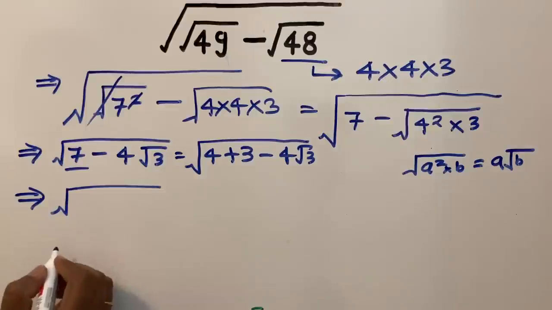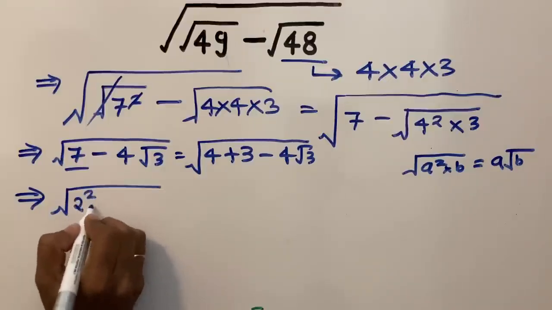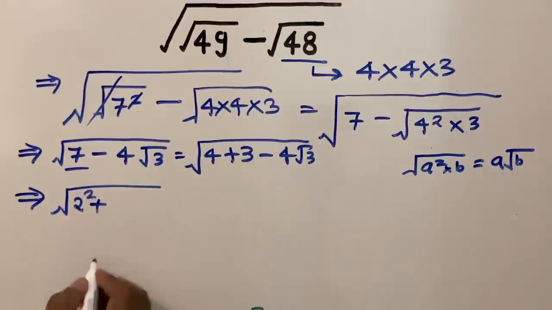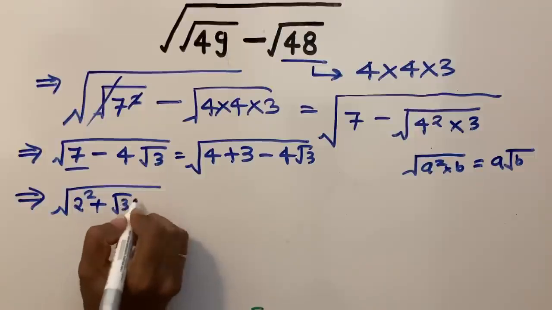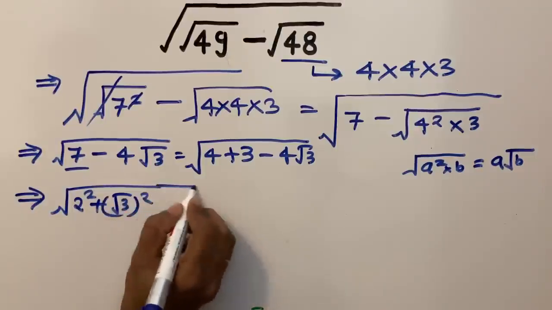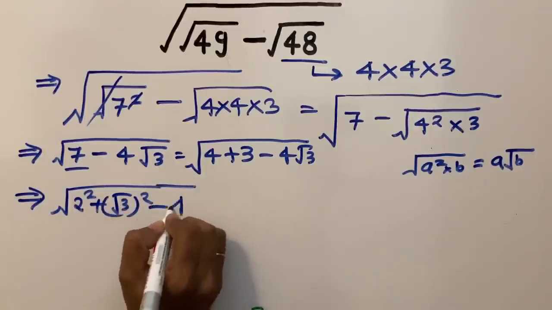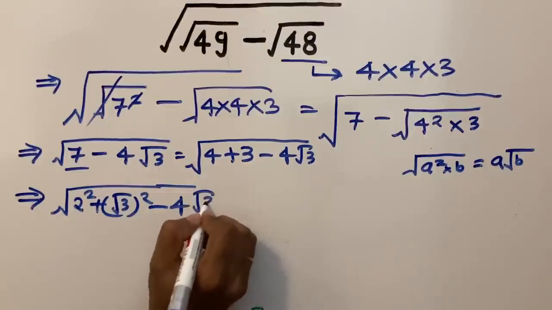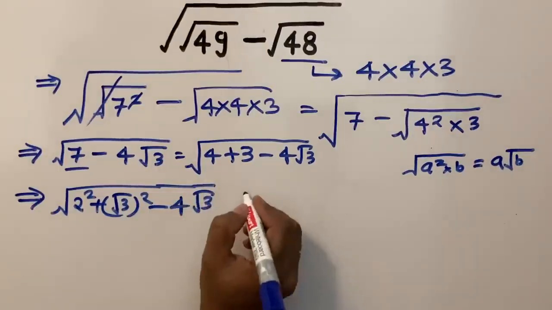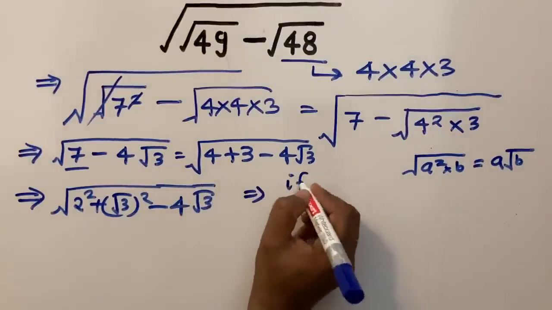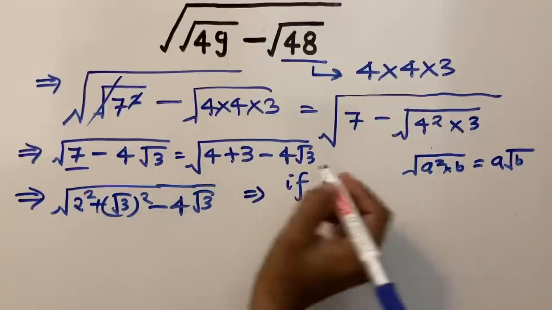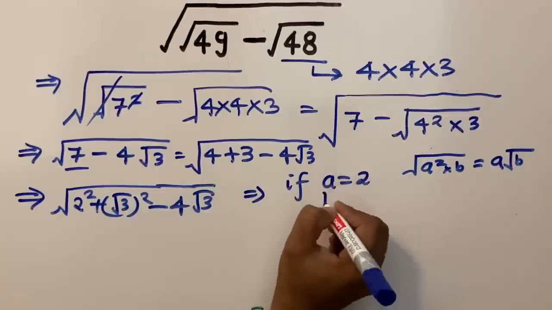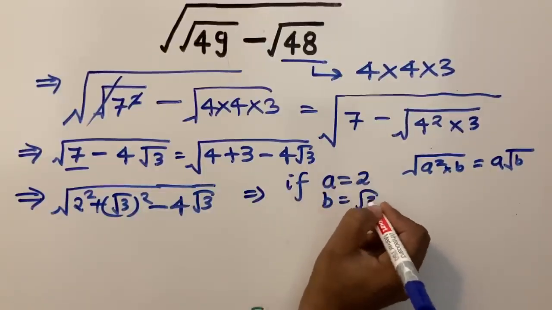This equation becomes square root 2 to the power 2 plus 3, which can also be written as square root 3 to the power 2, minus 4 square root 3. Let's assume a equals 2 and b equals square root of 3.